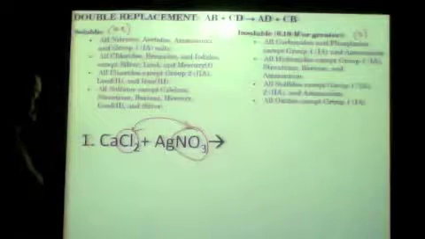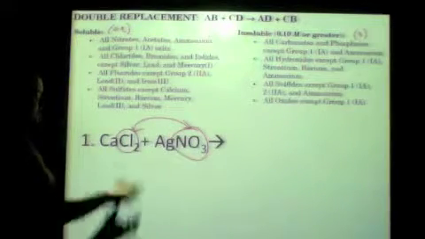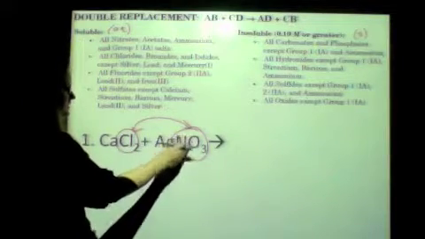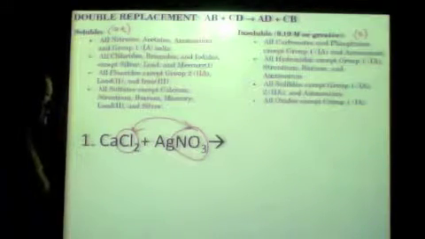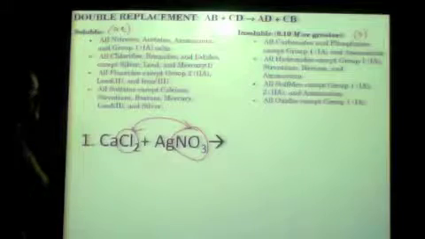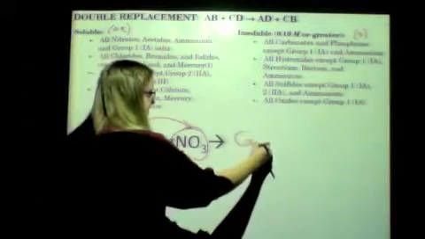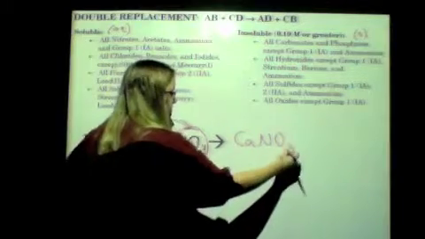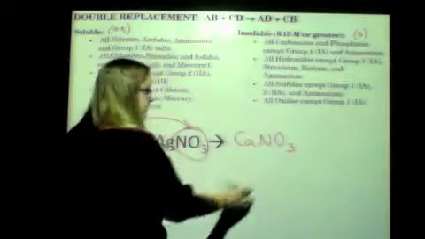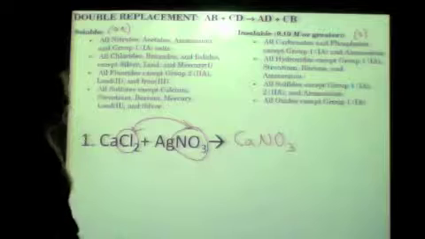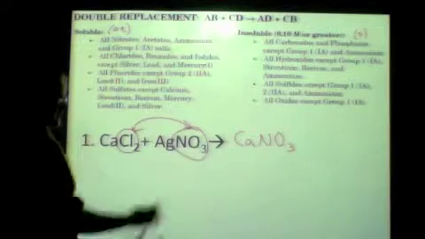So number 1, step 1, switch the back ends. So when we switch the back ends, this means Cl is now going to be with Ag, NO3 is now going to be with Ca. They're both getting new partners. That's why it's called double replacement. So Ca and NO3. I'm bringing this 3 over because it's a part of nitrate.